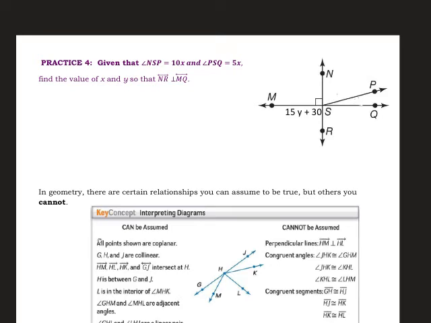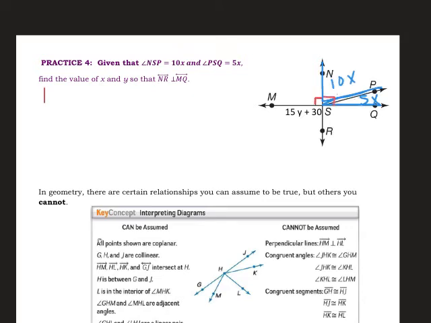Given that angle NSP is 10x, and PSQ is 5x, find the value of x and y. So if there's a 90 degrees here, should there be one next to it? Yes.